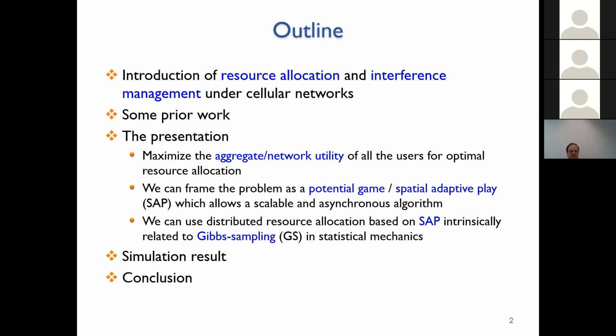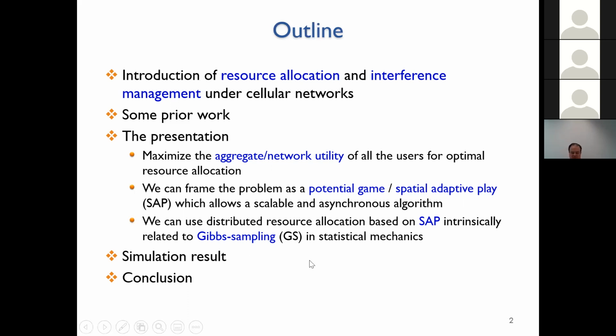Hopefully, this kind of algorithm will allow you to have a scalable and very flexible approach, which means you don't have to synchronize the operations, where you ask the first user to update, and then the second or third. I will show you what asynchronous means later on.